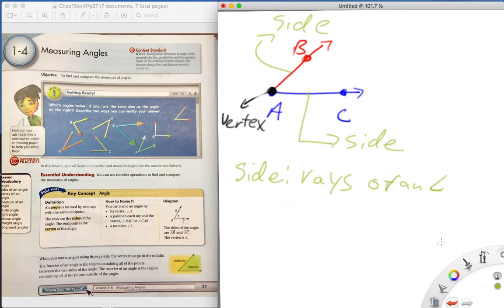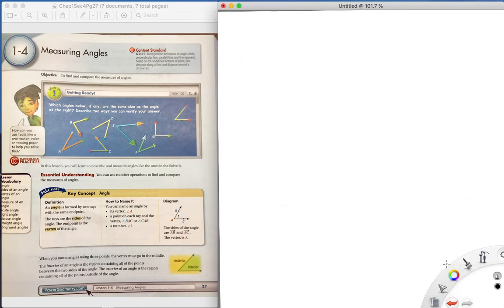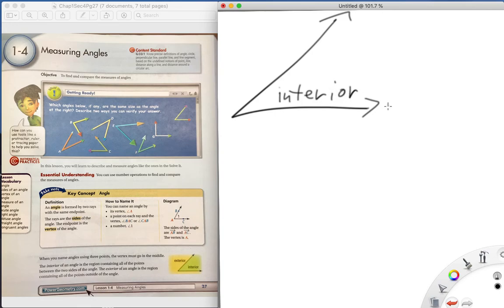The book talks of interior, exterior. So we have an angle comprised of two rays, which are called two sides. They share a common endpoint, which is called the vertex. All the points in between the two rays are called the interior. Remember, these things go on forever.